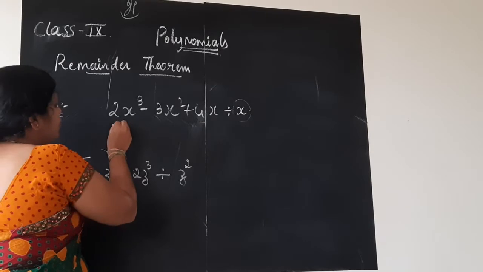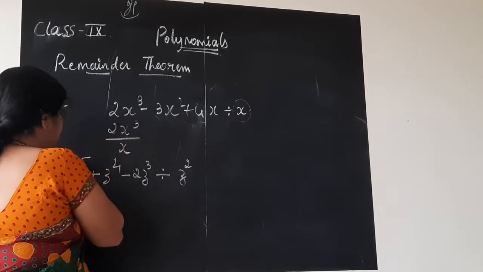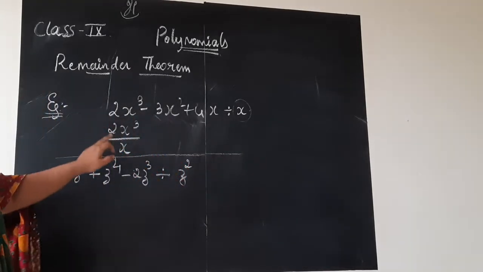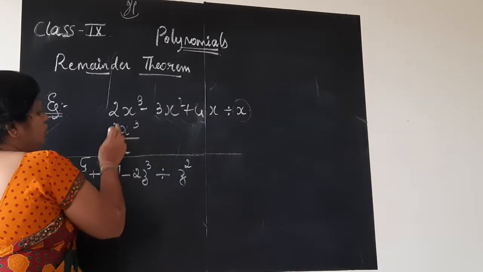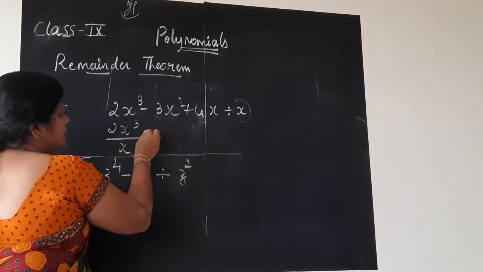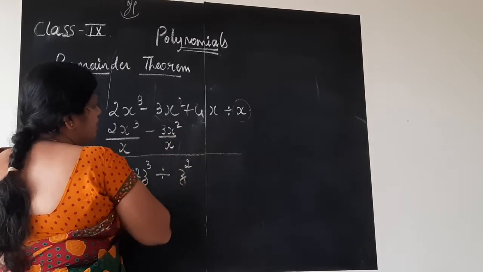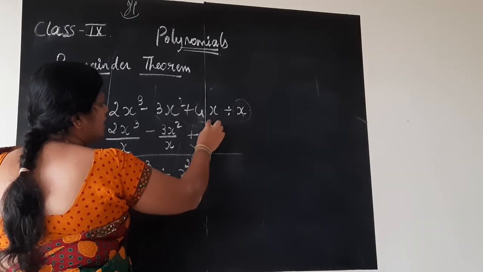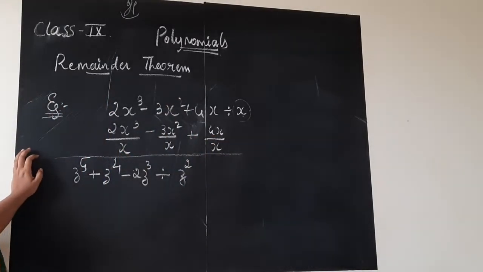For our convenience, we write the terms and divide them individually by x. So 2x cube divided by x, minus 3x square in the numerator divided by x again, plus 4x, the last term, divided by x. You all know the law of exponents, children.